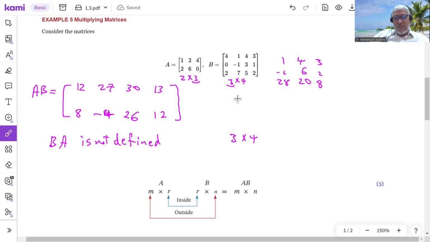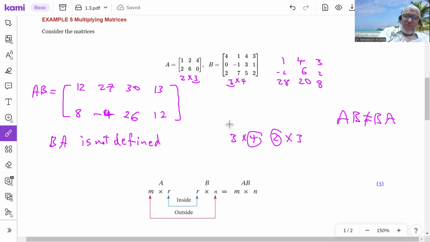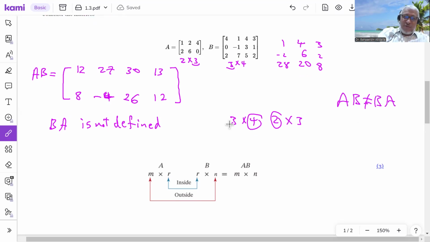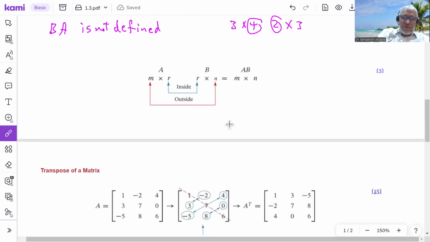This is B. If I multiply times 2 by 3, I can't because 4 is different than 2, so I cannot perform the multiplication. So BA is not defined. So you can understand from here that in general, AB is not equal to BA. So the product of matrices is not commutative. There are certain cases in which they are equal, but in general, they are not equal.